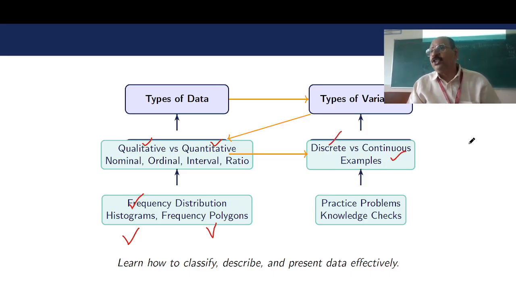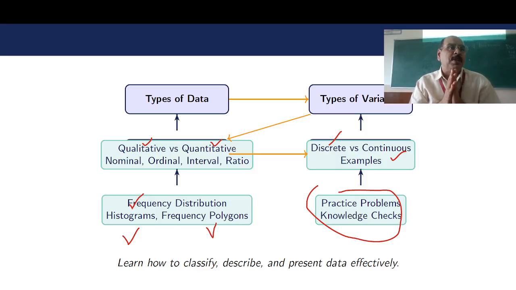So in today's lecture, I'll be explaining to you with examples what are discrete variables and what are continuous variables. Okay, then we'll do some practice problems, and then I'll keep asking you certain interesting questions which I would be happy if you could give me answers to. Okay, so let's proceed.